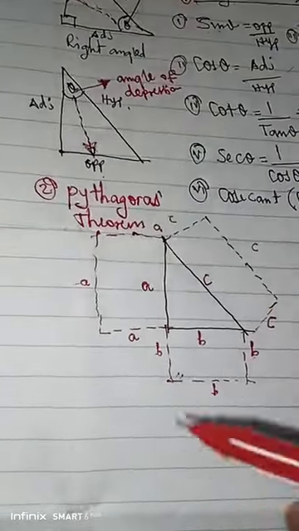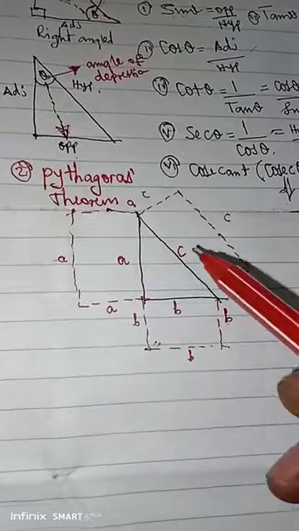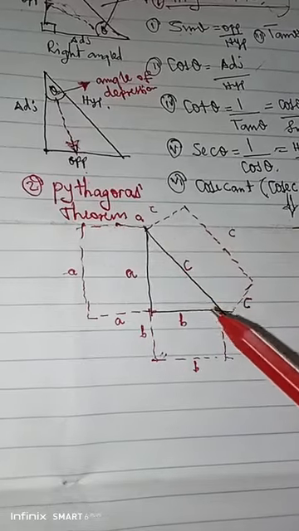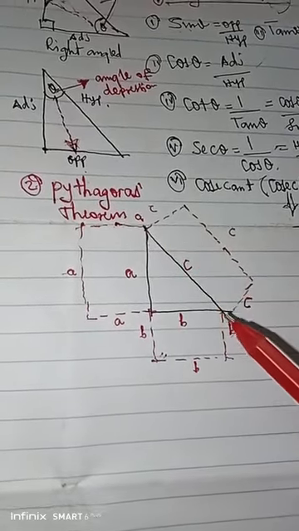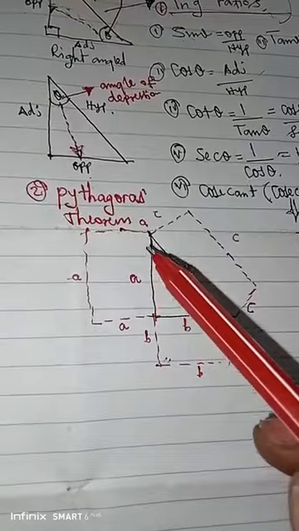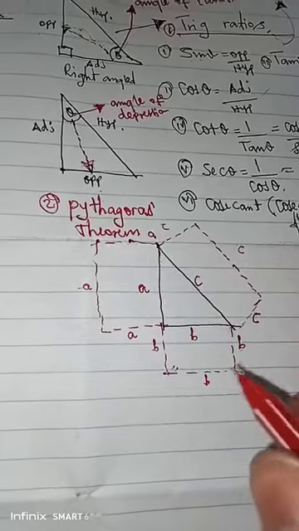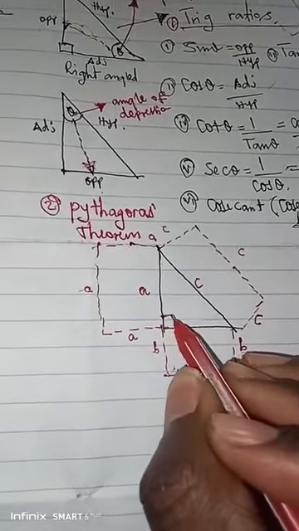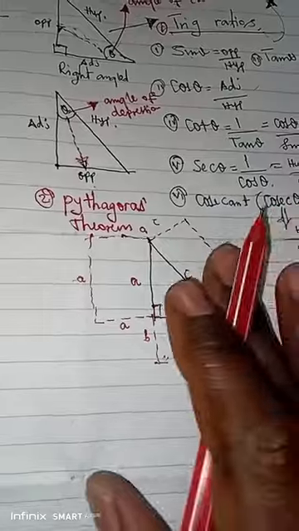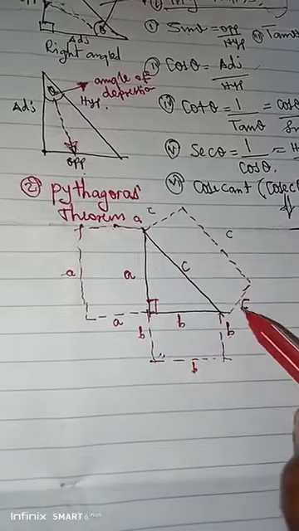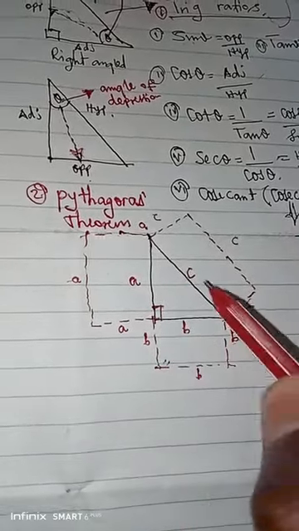So in his statement, he said that the square of the hypotenuse is always equal to the sum of the squares of the adjacent sides of the right angled triangle. So Pythagoras' theorem is only restricted to right angled triangles.